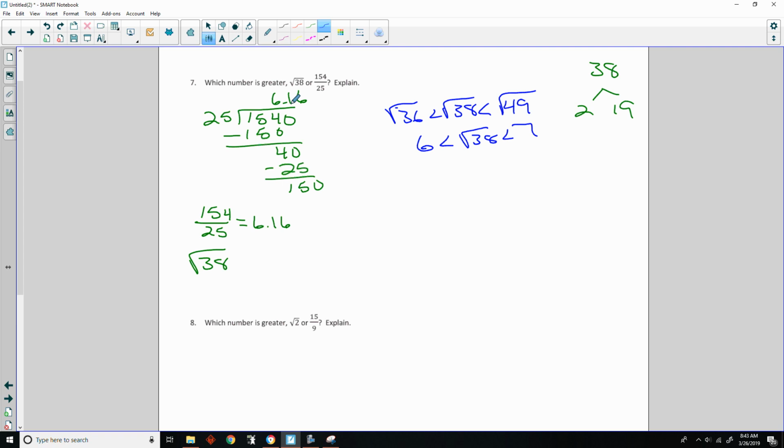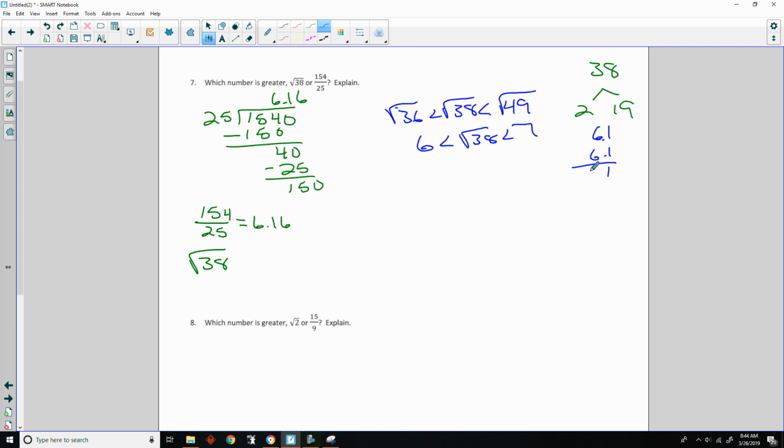But so is 6.16, so we need to take this a little bit further. Now 38 is only 2 away from 36, and it's 11 away from 49, so I would say the square root of 38 is close to 6.1, so I'm going to check what 6.1 squared is.